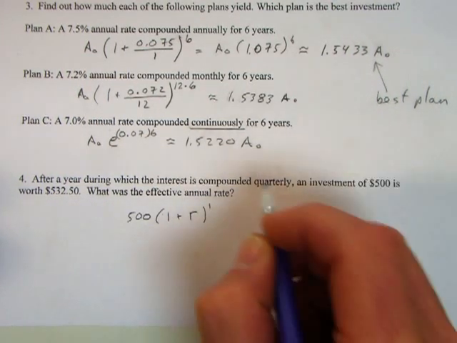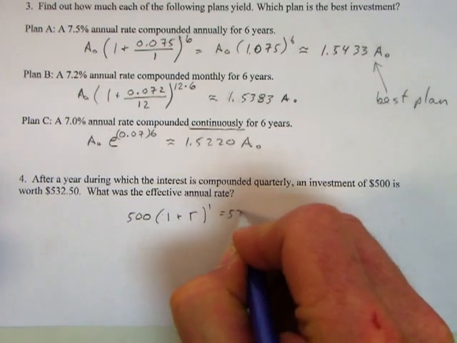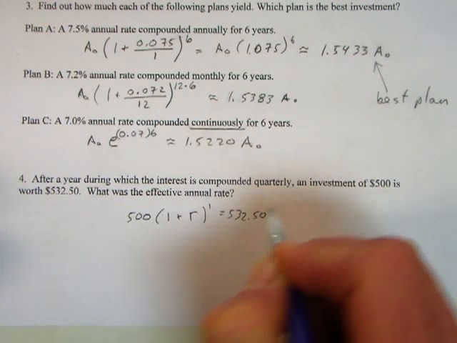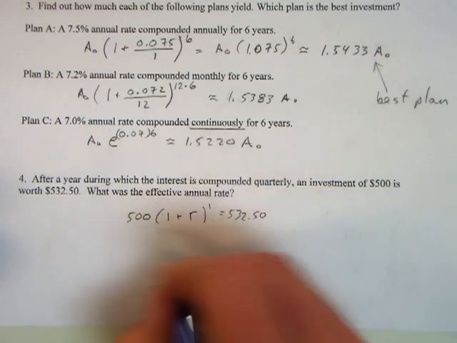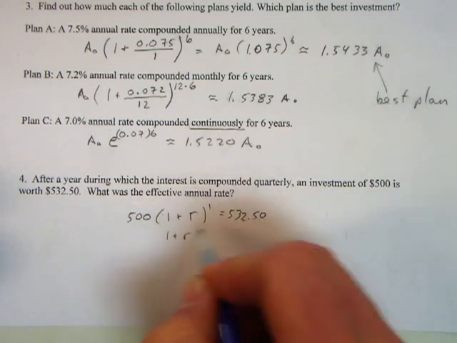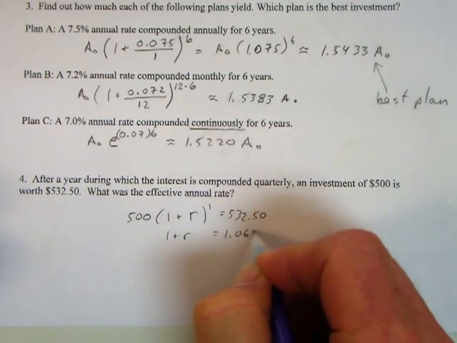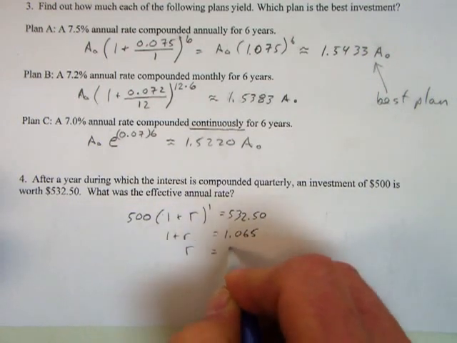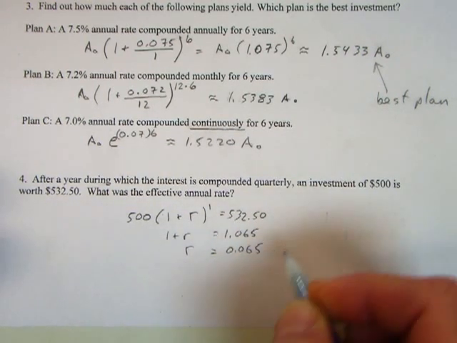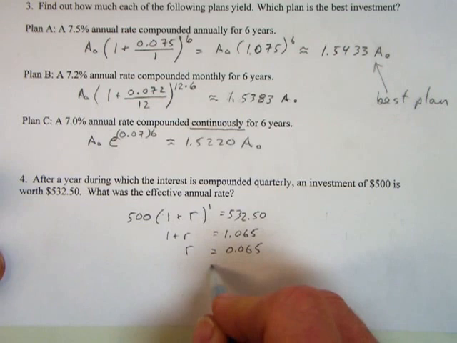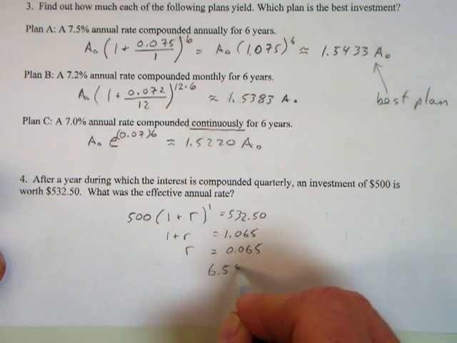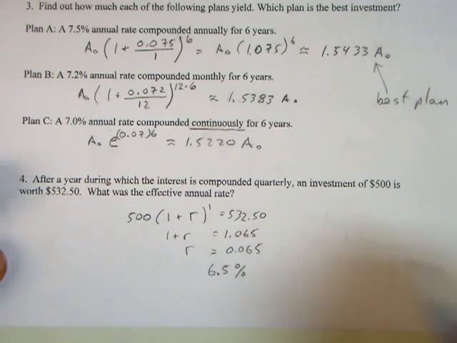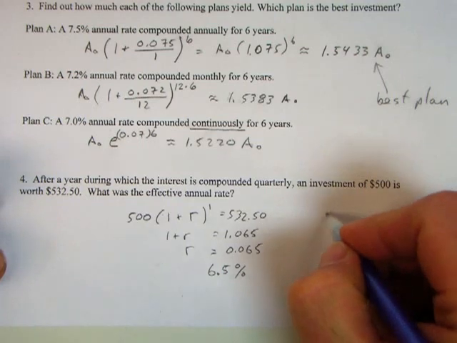Raised to the 1, because we're talking about 1 year, and this is going to equal $532.50. To solve this, it's easiest to divide by 500, so 1 plus R equals 1.065, so R equals 0.065. And that's telling us our interest rate is 6.5%.